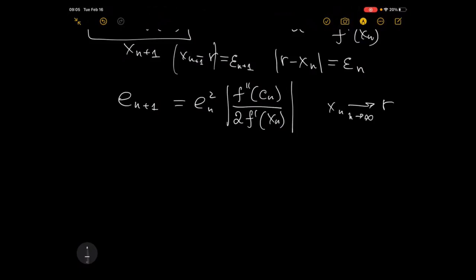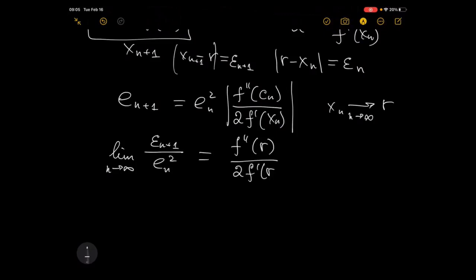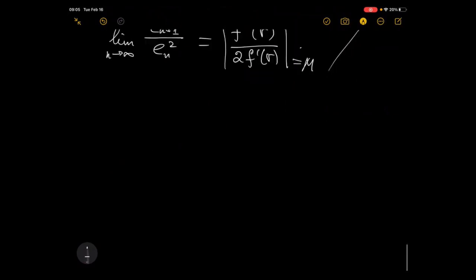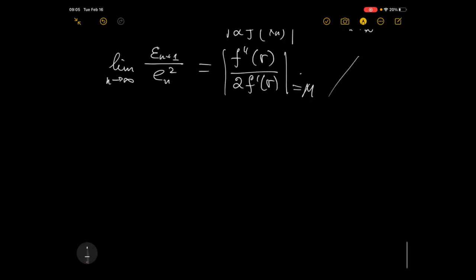And in the limit, if I take the limit when n goes to infinity, I will get nothing else but this, exactly like in the definition of quadratic convergence. So I have proven the theorem.